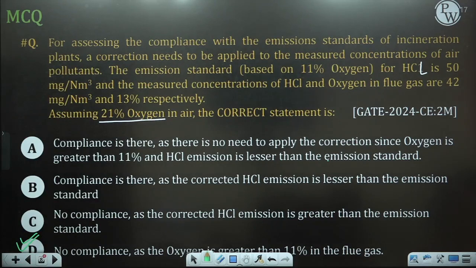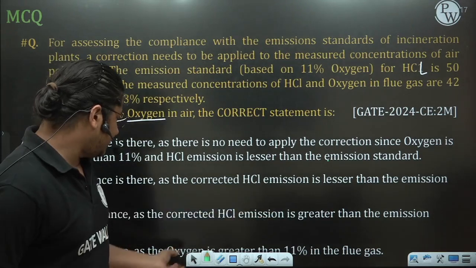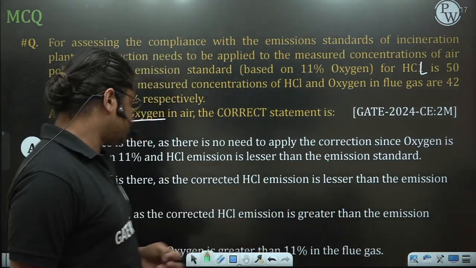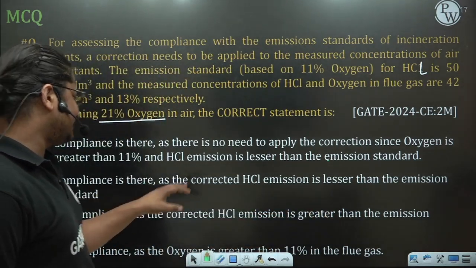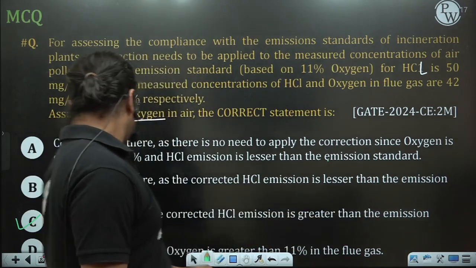You can directly go with that. No compliance as the corrected SCL emission is greater than the emission standard. One thing, C option, no? C option, not D. C will be the right option. No compliance as the corrected SCL emission is greater than the emission standard.